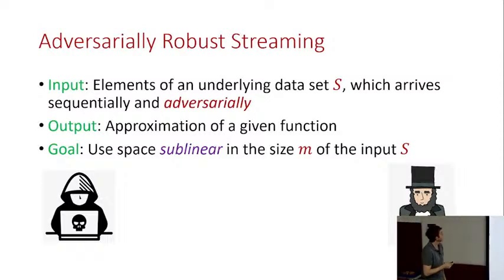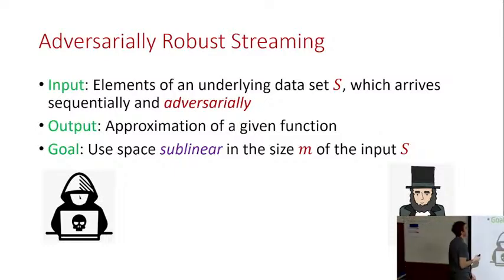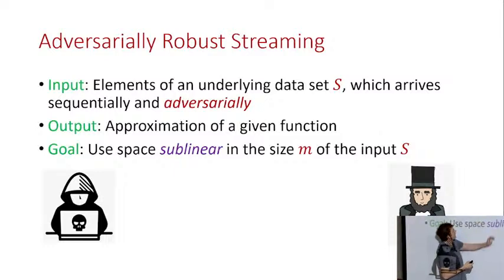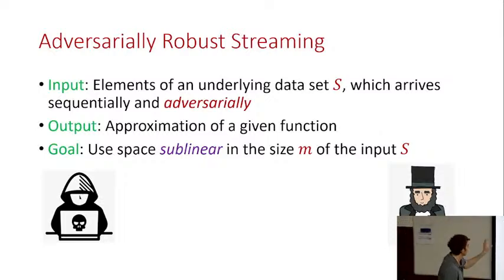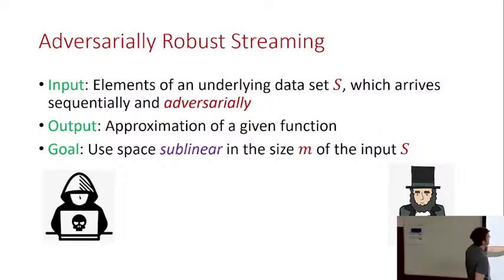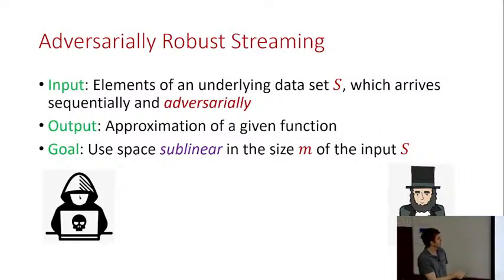And in this setting, the elements of an underlying data set S, the stream, arrive again sequentially, but now they arrive adversarially. Okay, so again, I'll describe what that means. Again, your goal is to approximate a given function, and you want to use sublinear space. Now, what does adversarially mean?